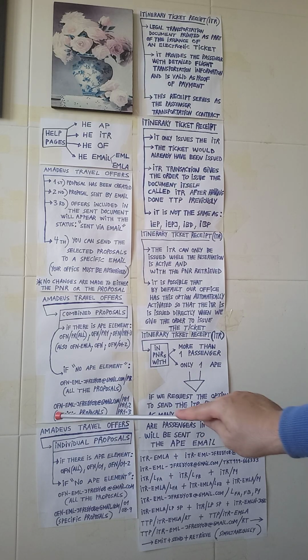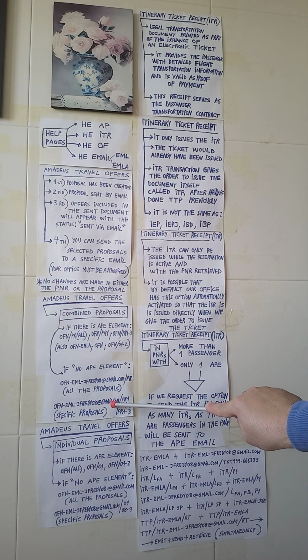The following transaction, this one, has 3 different options at the end: 1, 2, and 3. All 3 options are used to send specific proposals. If we write at the end PR1, we send offer number 1 from the available list.